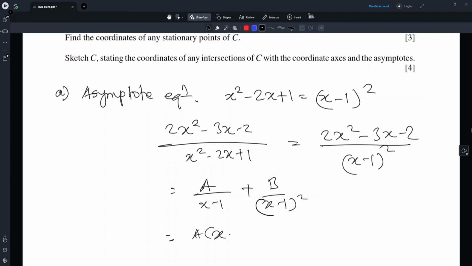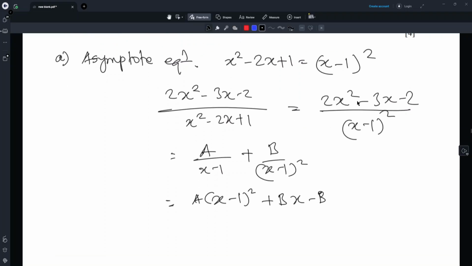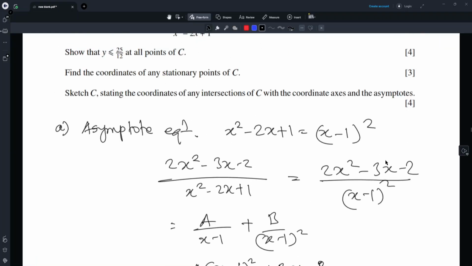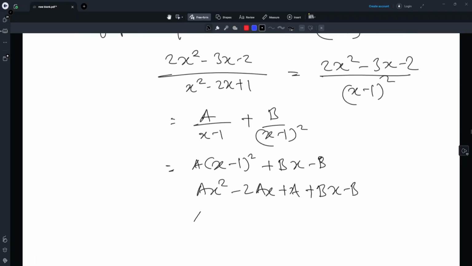So we have a into x minus 1 whole square plus bx minus b, which gives ax square minus 2ax plus a plus bx minus b.